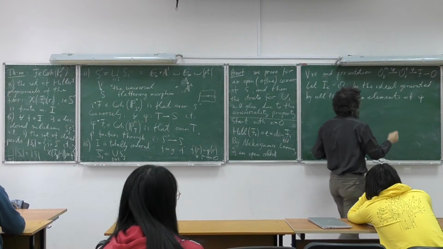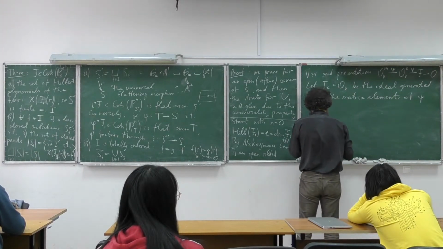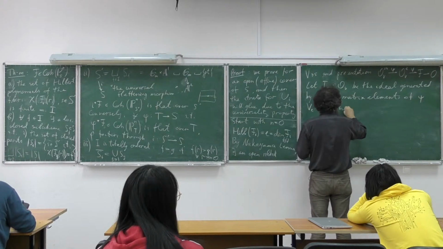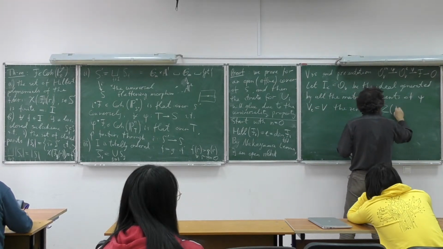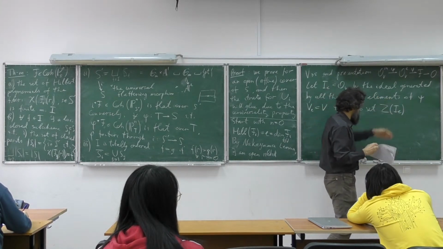Here it's an M by E matrix, and V_E inside V is a closed subvariety, the zero set Z of I_E, where all those matrix elements vanish.